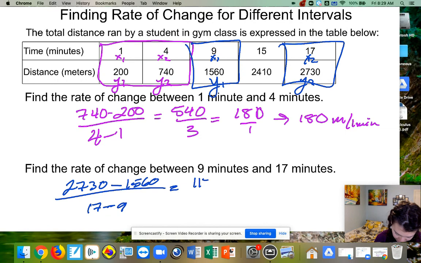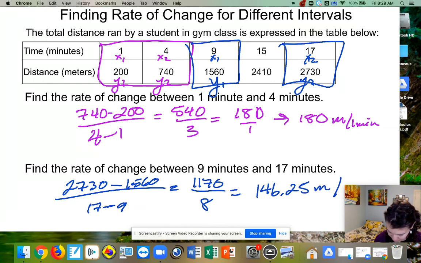That will be 1,170 divided by 8, and you'll get 146.25 meters per minute. So between minutes 9 and 17, they were going slower than they were between minutes 1 and 4. And that's it. So you can go on MyMathLab and do the 5.1 assignment.